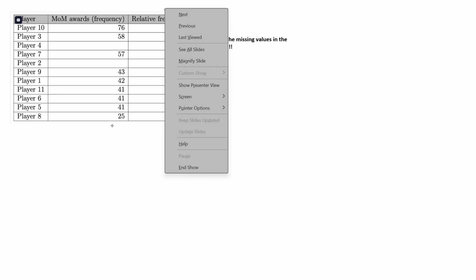Now let's move further. So here we have players' MOM awards, that is frequency, and we have a relative frequency column. Find the values missing in the table. For the first player, player number 10, we have both.